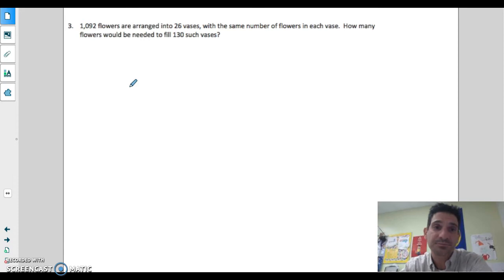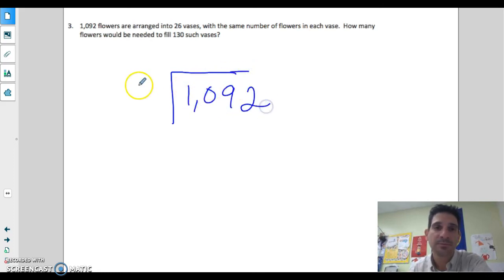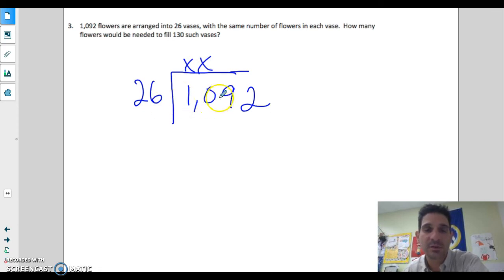Well, I've got to figure out how many flowers are going to be in each vase. So I'm going to do 1,092 divided by 26. Doesn't go in, doesn't go in, right? So then 26 goes into 109. Maybe 5. No, I'm going to try 4.